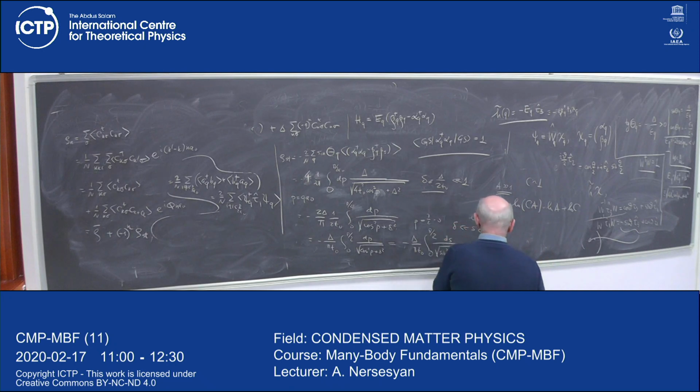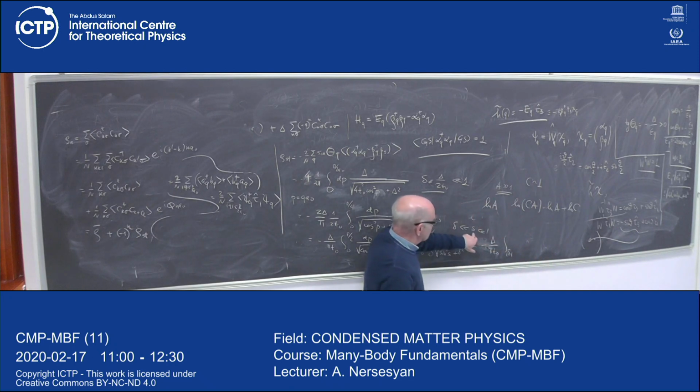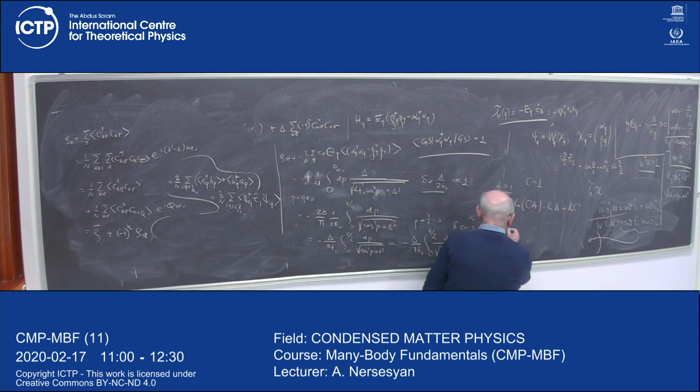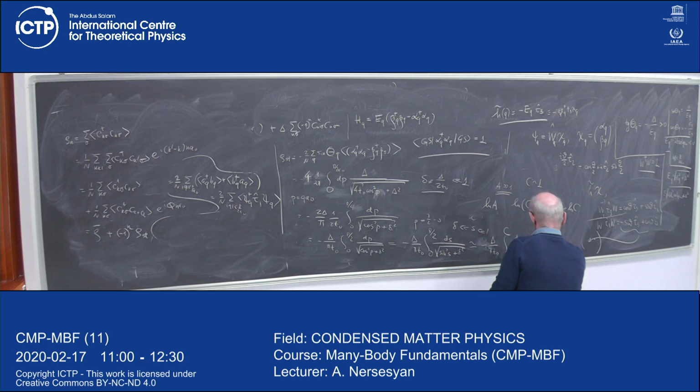The upper limit doesn't matter, because s is much smaller than pi divided by 2, and the replacement of pi divided by 2 by any constant like c here doesn't make any change. So this gives me just minus delta divided by pi t naught times the logarithm of 1 over delta, which I will write down as 2 t naught divided by the modulus of delta.